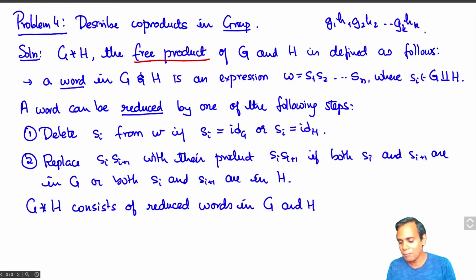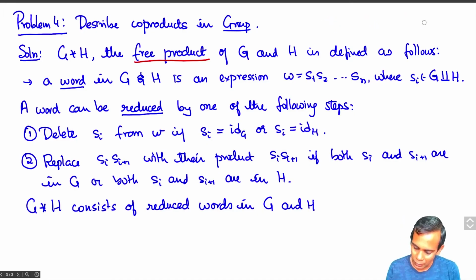This is an example where G1, G2, GK are non-identity elements of G, and H1, H2, HK are non-identity elements of H. So a reduced word is a word whose letters are non-identity elements of G and H alternating with each other.